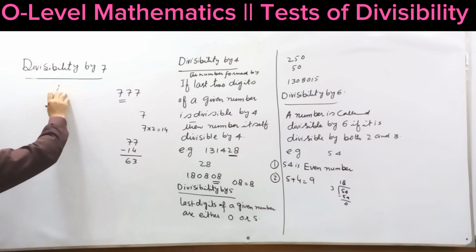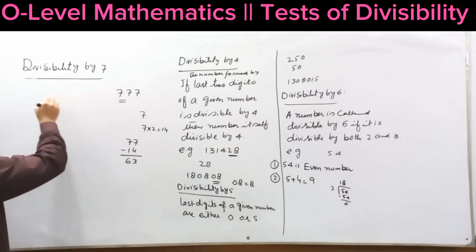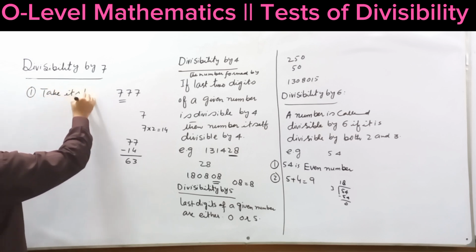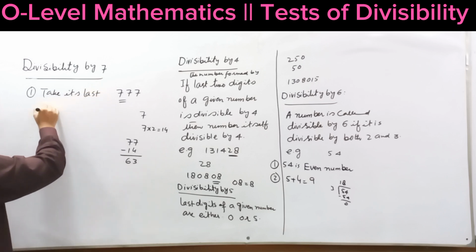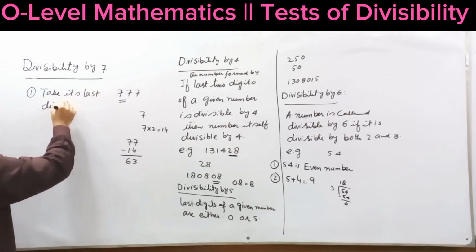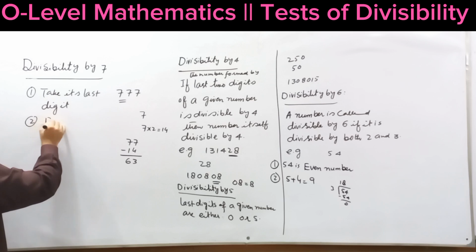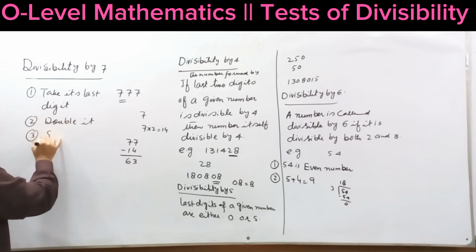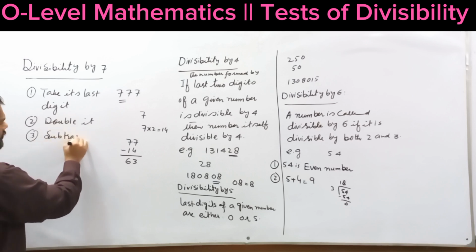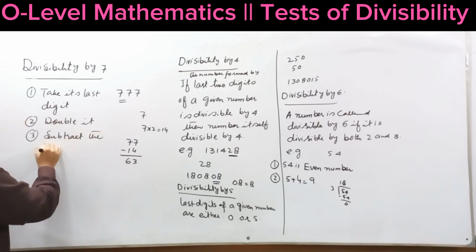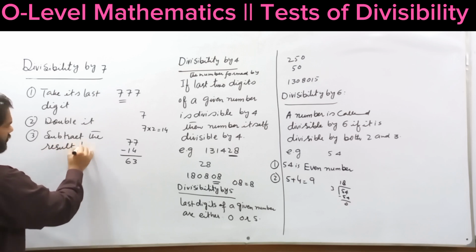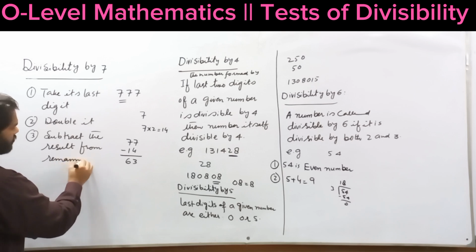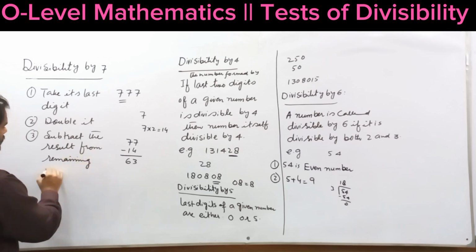So what are the steps to check if the number is divisible by 7 or not? Take its last digit, double it, subtract the result from the remaining number.